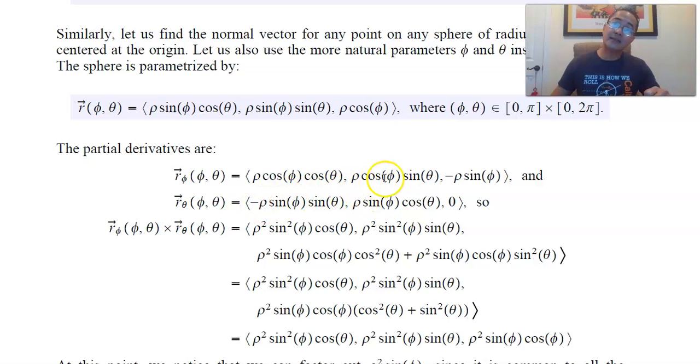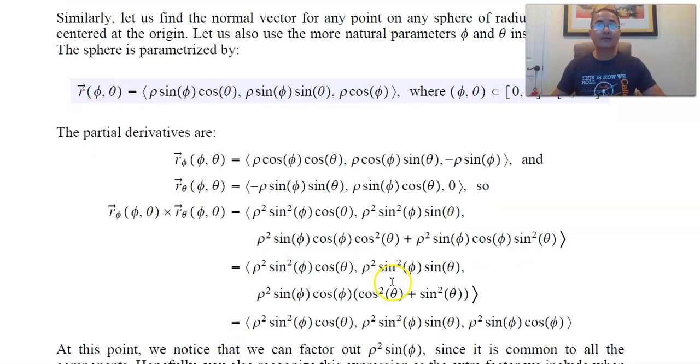Minus, oh wait, not minus, plus, because we have a minus minus: rho squared sine phi cosine phi sine theta sine squared theta. But something amazing happens in the z coordinate. Notice that we have cosine squared theta and sine squared theta, and the other factors are common. So we can factor that out, and that becomes 1, of course.